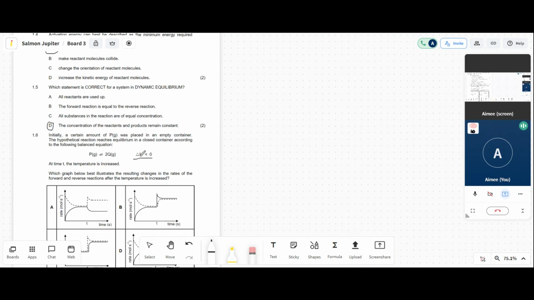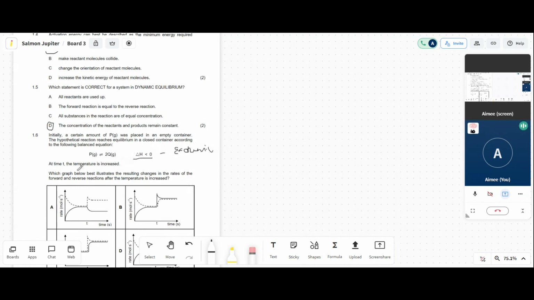So the first thing I want to discuss before we answer this is that it's basically telling you that your change in enthalpy, or change in heat rather, is smaller than zero, which means it's a negative number. And a negative change in H indicates that the forward reaction is exothermic.